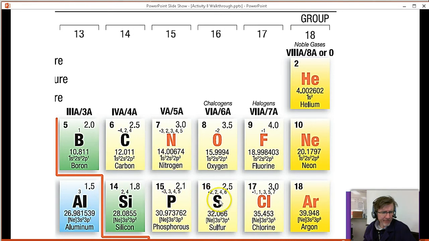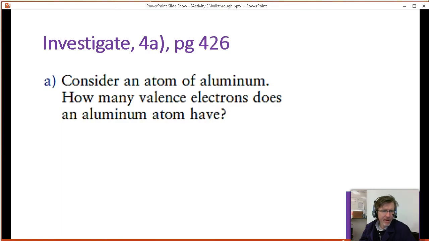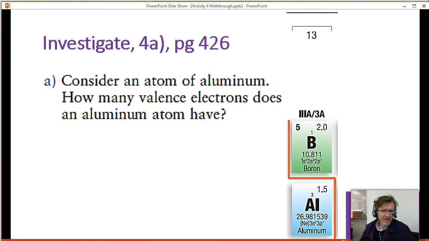It's not going to gain 5 electrons to get to argon. It would rather lose 3 to get to neon. So it has 3 valence electrons because it wants to lose 3. Exactly. Nice job.